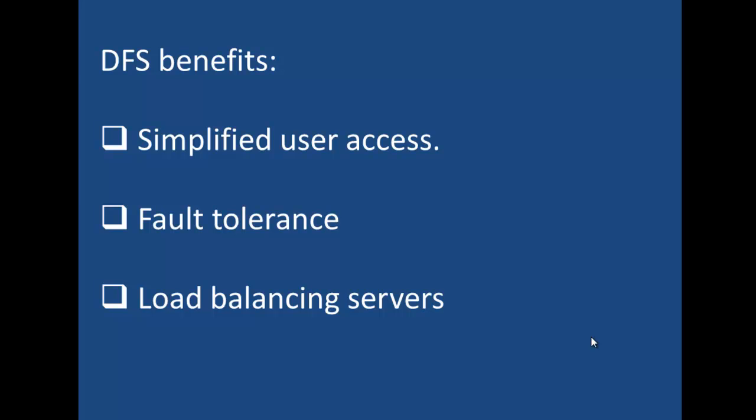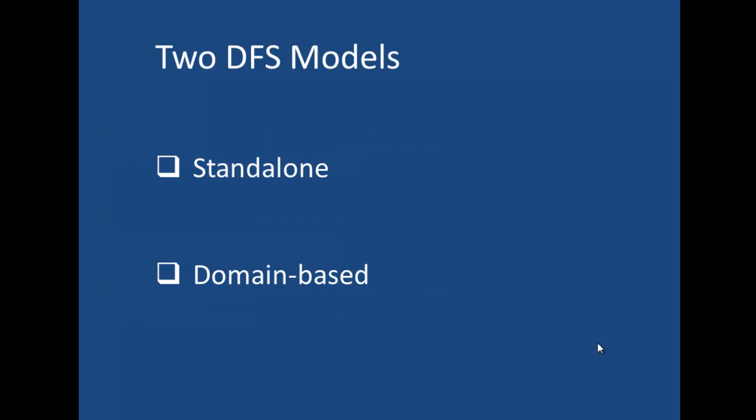Fault tolerance provides us with backup. If one server fails, then we have another server with a copy of that share. We also have load balancing, and load balancing can be performed by distributing folder access across several servers.